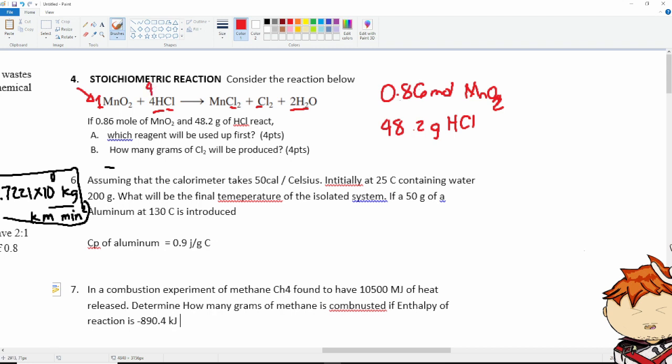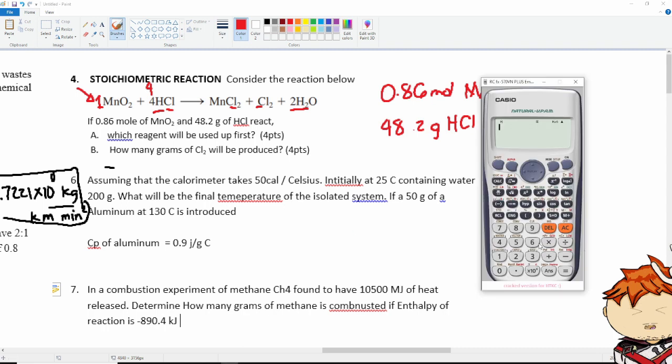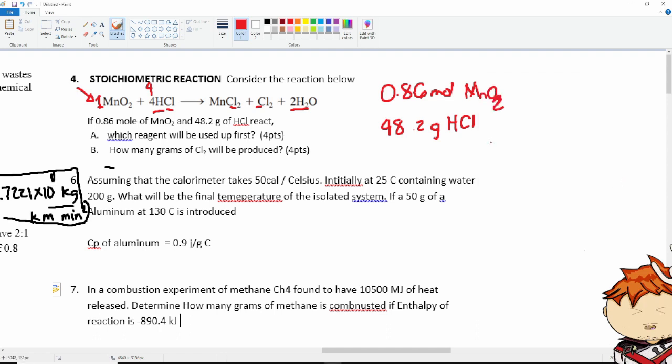So if we have 0.86 molecules of MnO2, we need 0.86 times 4, 3.44 molecules of HCl. But we don't have molecules of HCl. We have grams. So we just convert this into molecules by molecular mass.